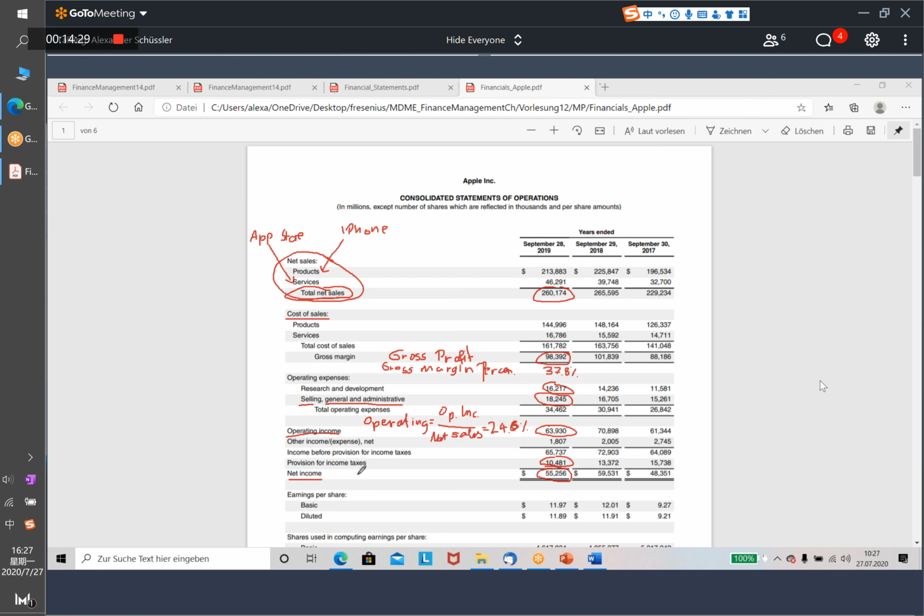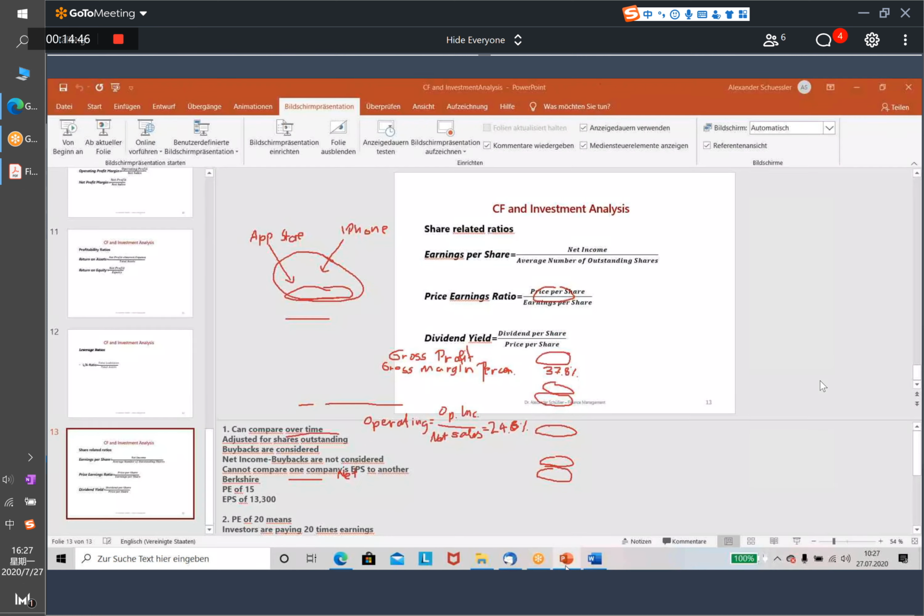And we can also calculate the net profit margin. We talked about this today, the profit margins. Do you see here?